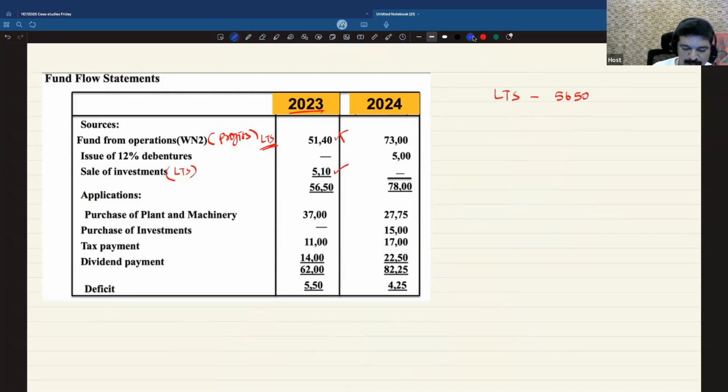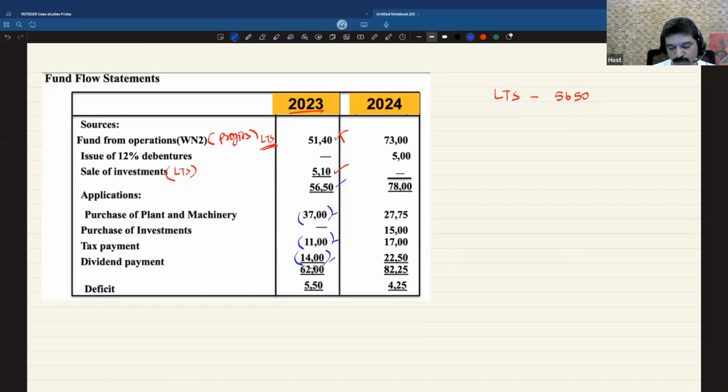Now, they have used this money for three different purposes: purchasing plant and machinery, paying taxes, and paying dividend. So position yourself as the finance manager or the business owner. You have long-term funds of 5,650.